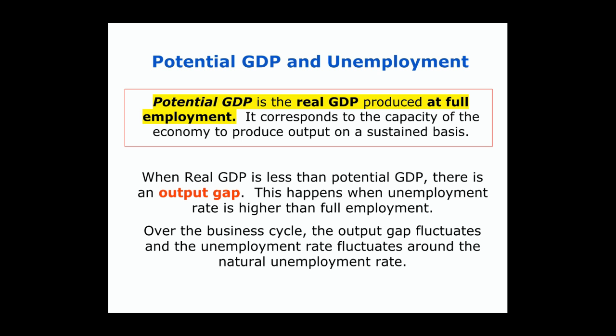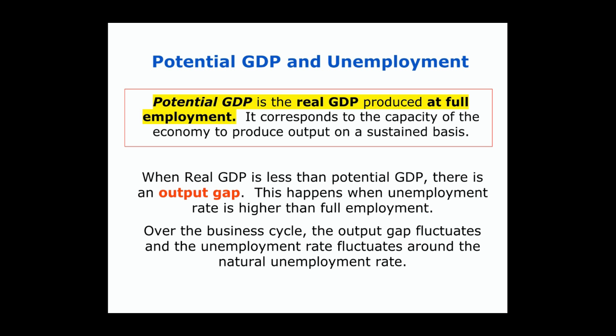Yes, we have frictional unemployment, yes, we have structural unemployment, but we have no cyclical unemployment, then the real GDP is equal to potential GDP. The economy is producing at its greatest amount because there's no cyclical unemployment.